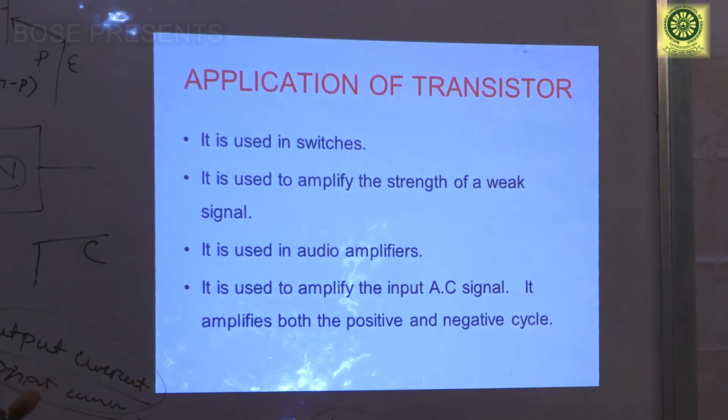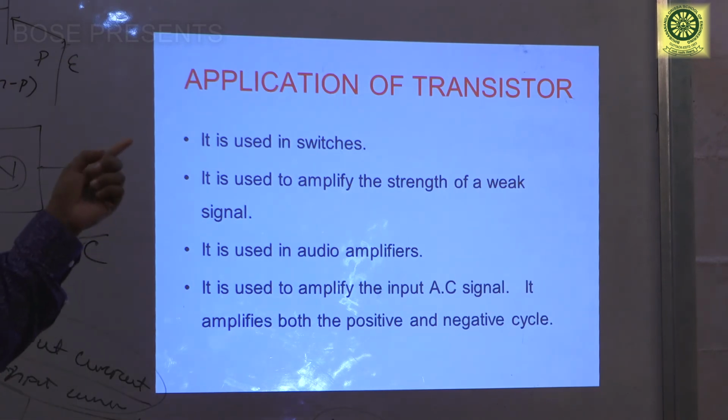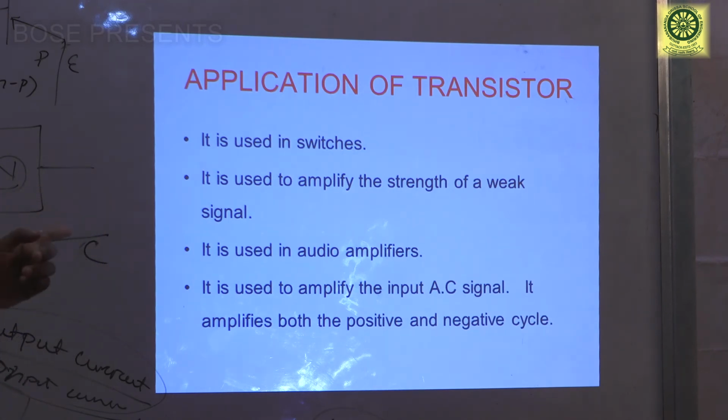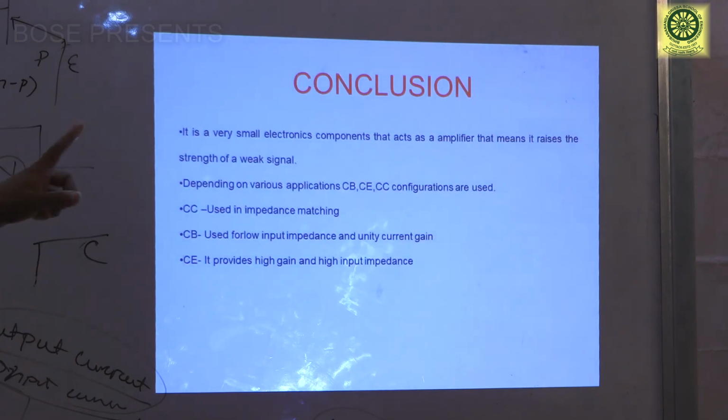It is an electronic, semiconductor device, and we use the PNP and NPN types. The transistor is also used as a switch, in audio amplifiers, and in power electronics devices. In conclusion, it is basically used for amplifying.